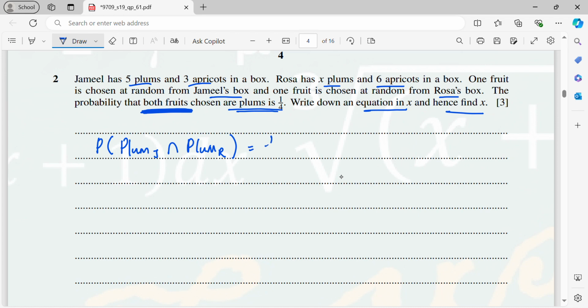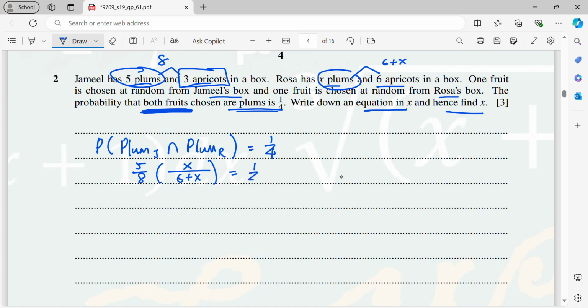Then it will be 1 over 4. So at first, Jamil has 5 plums out of a total of 8, because the total here is 8. So the probability is 5 over 8. Now times with X plums over X plus 6. So this is the total of the fruits in the second box.